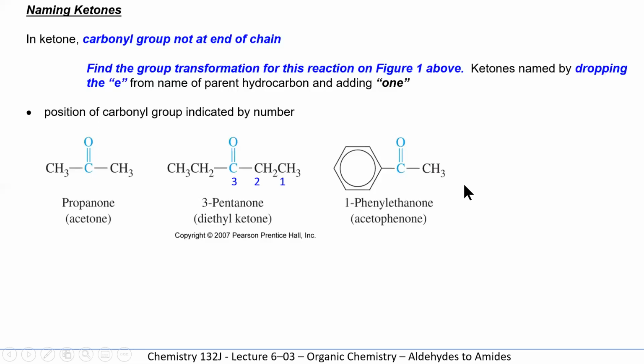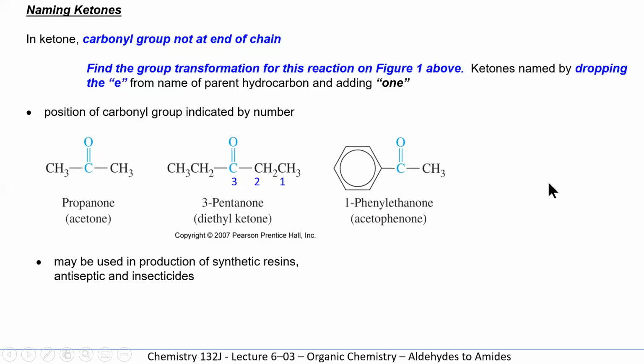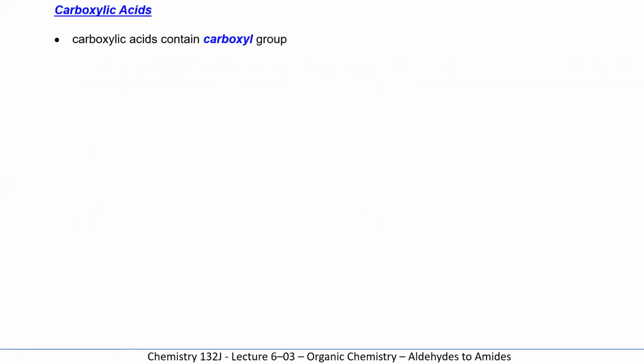So you can see again, the numbering of the chain here uses a numbering system where you get the lowest number possible. So ketones are used in the production of resins, antiseptics, and insecticides. And they are very, very popular organic solvents in the manufacture of many petrochemicals.